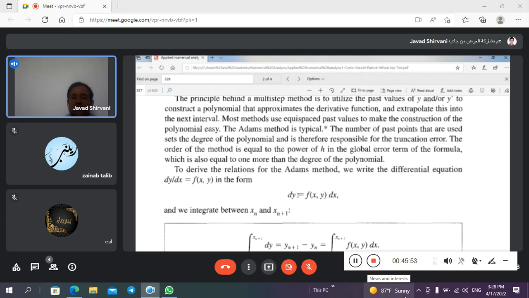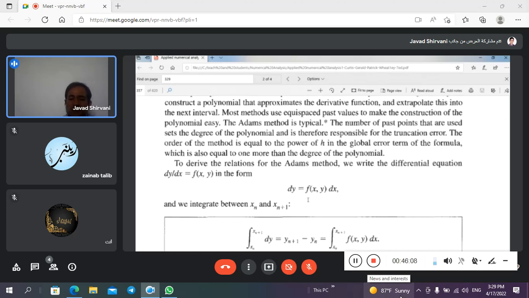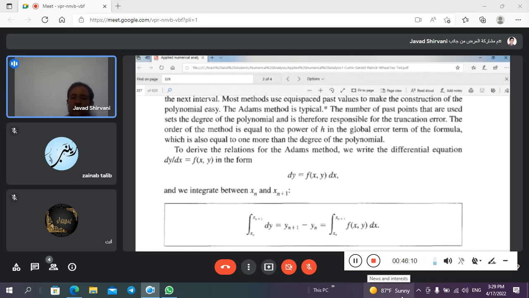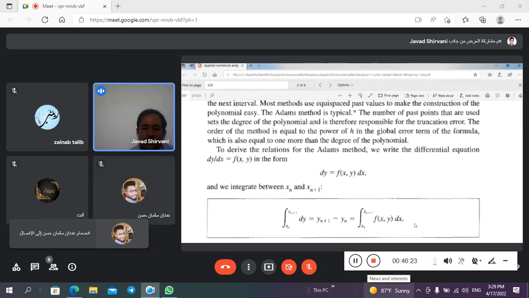In the form dy equals f(x,y) dx or y prime dx. By taking the integration between two consecutive points xn and xn plus 1 on both sides of this equation, we get the formula in the box at the bottom of the screen.